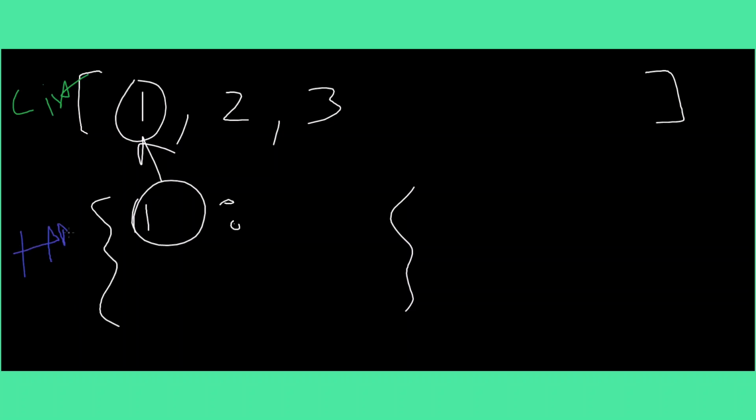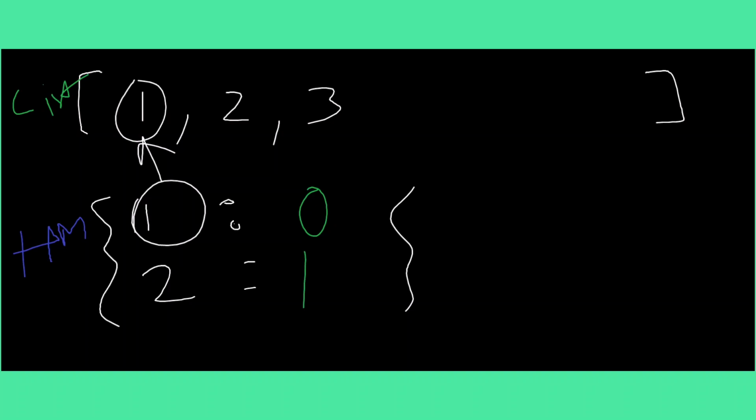Now, this value exists at index 0, right? So I'll store 0 here. Similarly, for value 2, I'll store index 1, and so on.